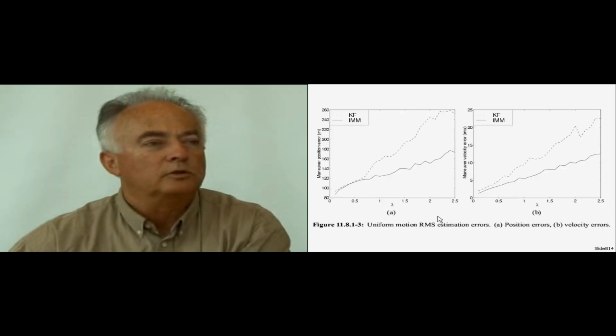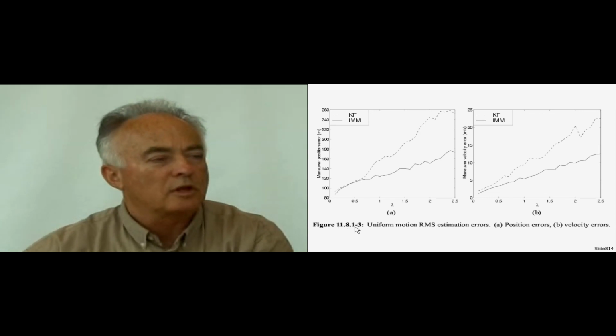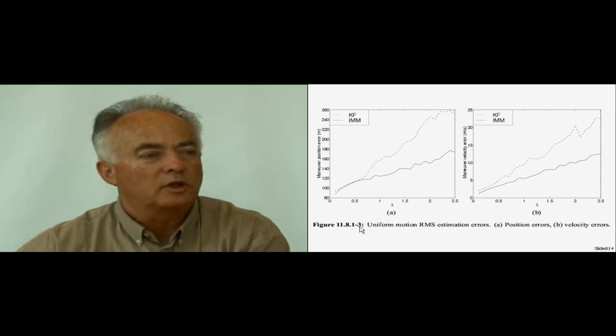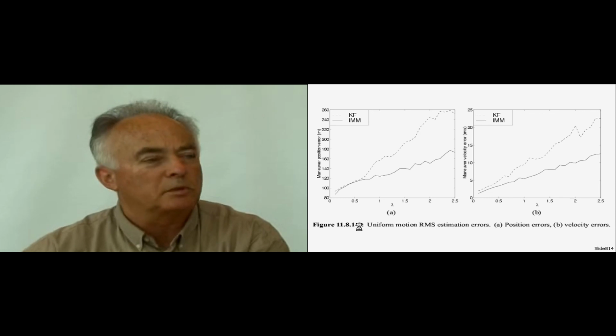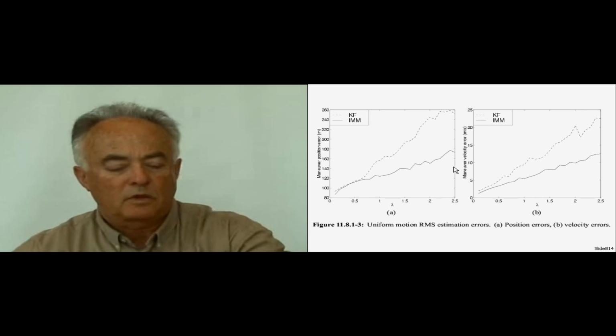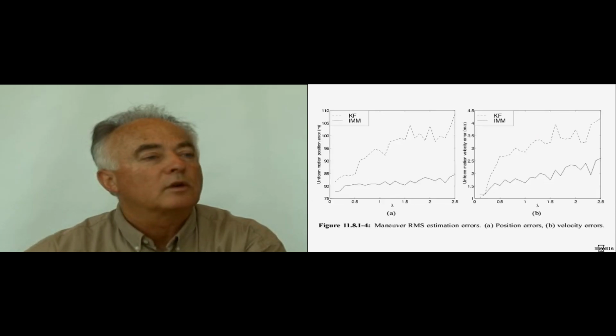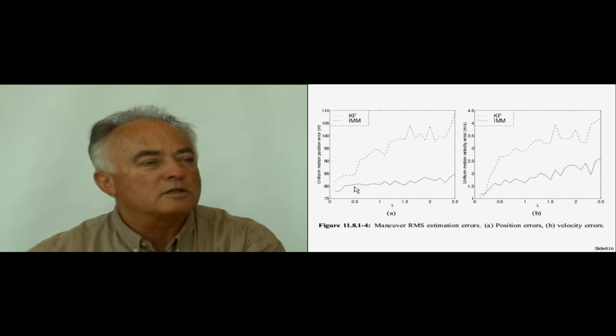A minor error I want to correct. The plots for figures 11.8.1, 3 and 4 are switched both in my previous presentation as well as in the book. This is not for the uniform motion, this is for the maneuvering intervals, and this is for the uniform motion. Here it is constant.